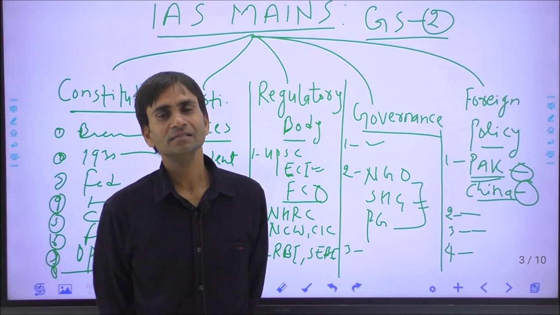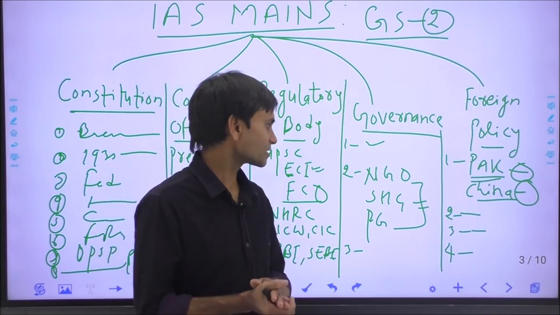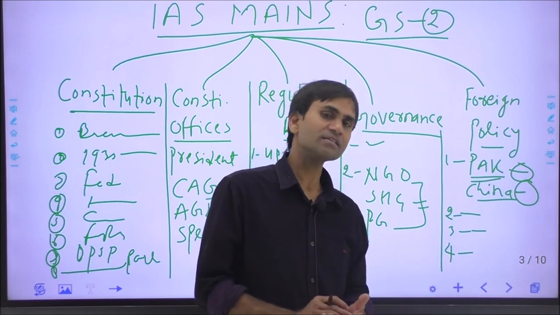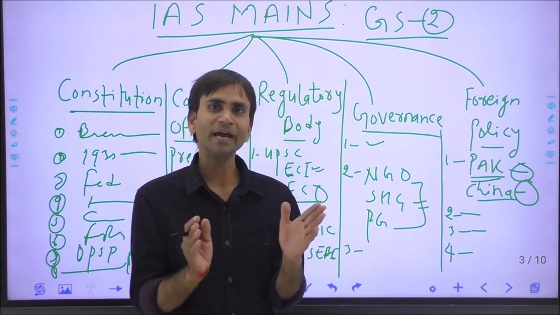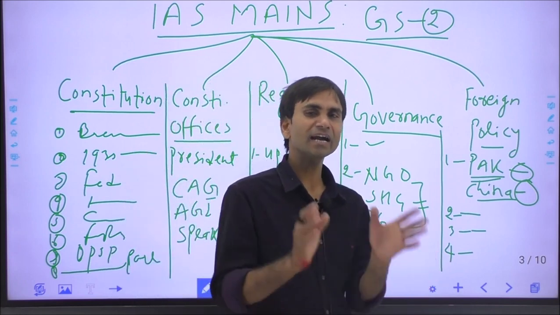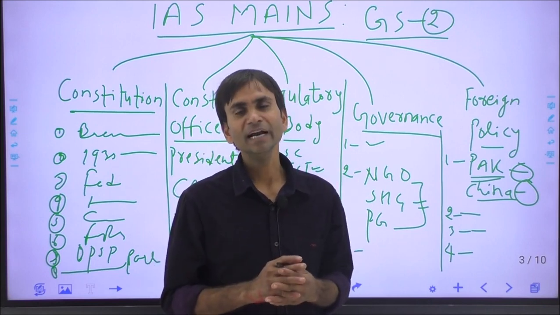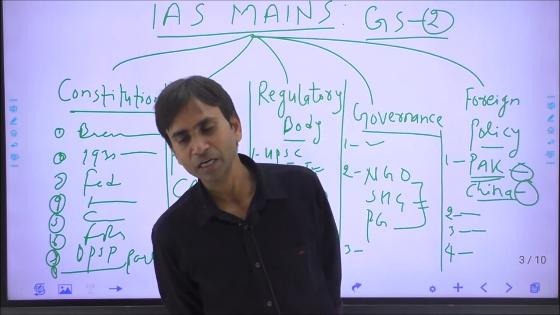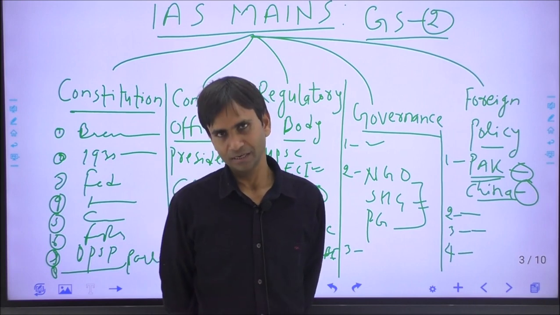Last is the role of international organizations. This is the last line of the syllabus, and in this line are international organizations like the UN, United Nations Organization, World Bank, IMF and WTO. The role of the UN, and India is expecting or demanding to be a permanent member of the Security Council.